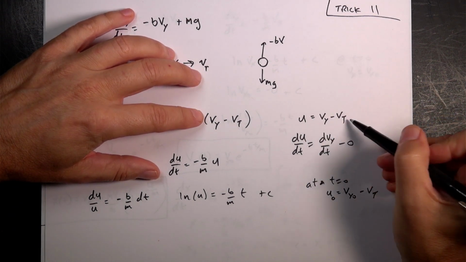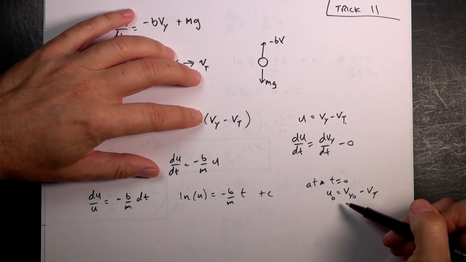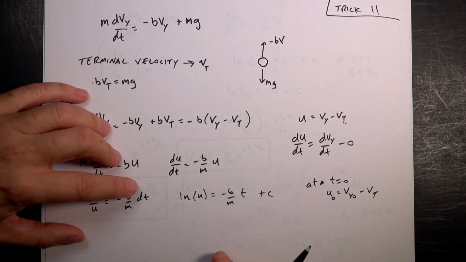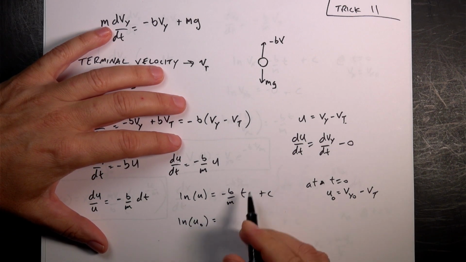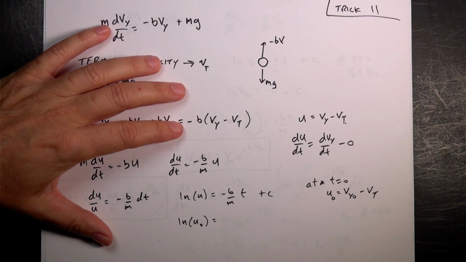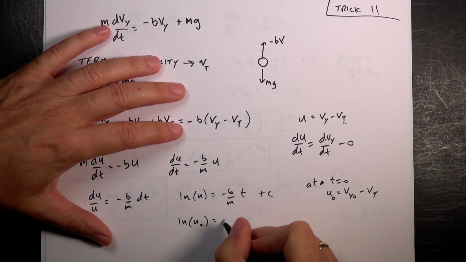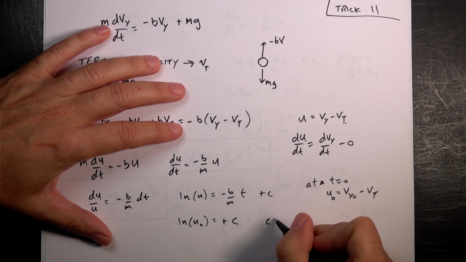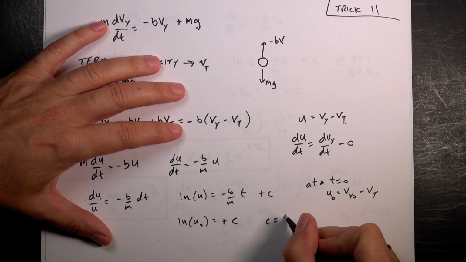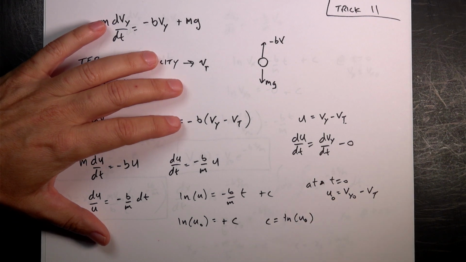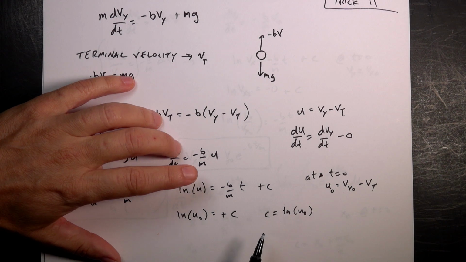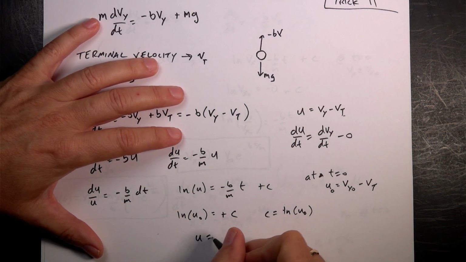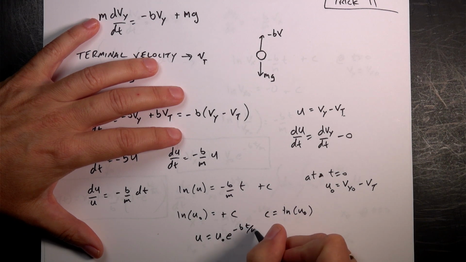You can see it right up here. That's constant. So I do have a different u0. If I put that in, I get natural log of u0 equals negative b over m times 0, that's 0, plus c. So c equals ln of u0, which is not v0. That is different. Then I can substitute that in the same as before, and I get u equals u0 e to the negative bt over m.